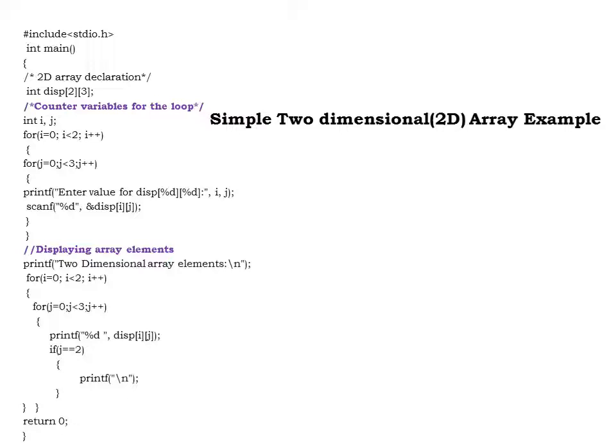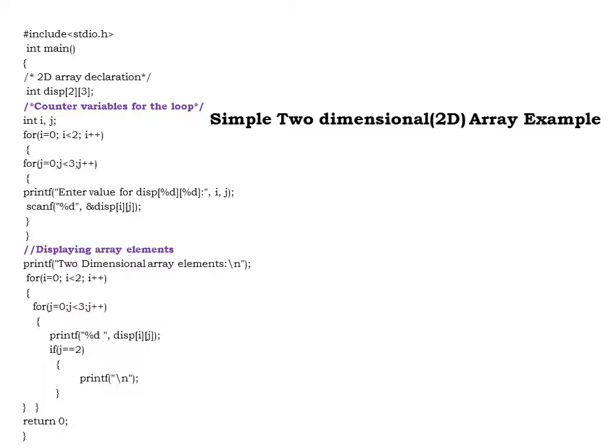The second row first element is displayed. Next we move on to increment the value of j to 1. 1 is less than 3. We move inside the for loop. Then at location 1, 1, the second element in the second row is printed.